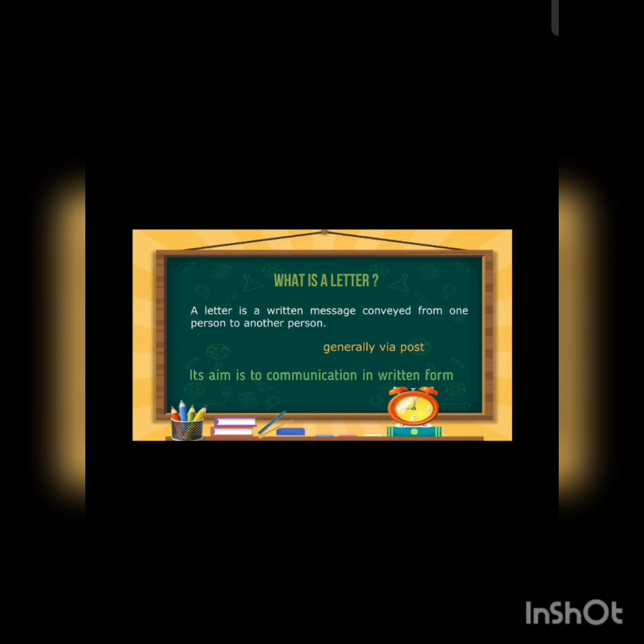If we want to give any written message to any person, we have to write this message on a letter. And how can we send this letter? We can send this letter through post. That means we have to go to the post office, give the letter, and our letter will be posted to the other person.